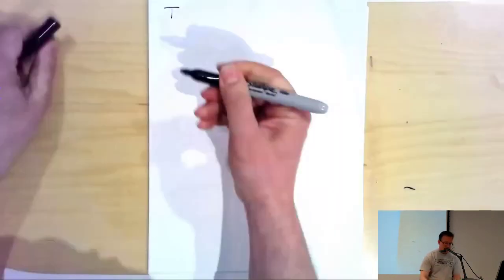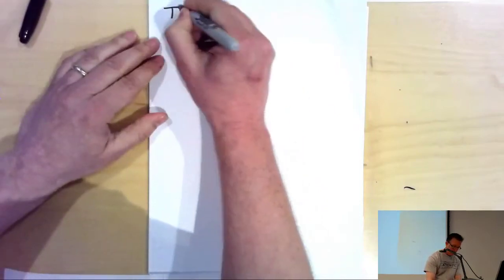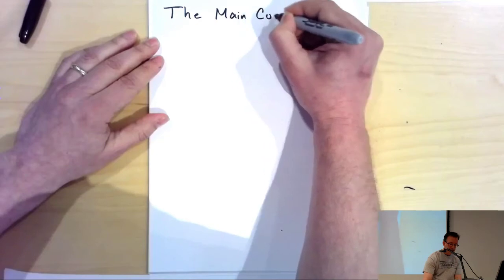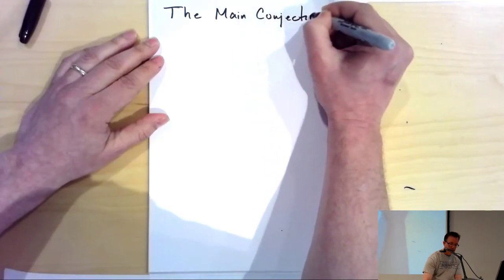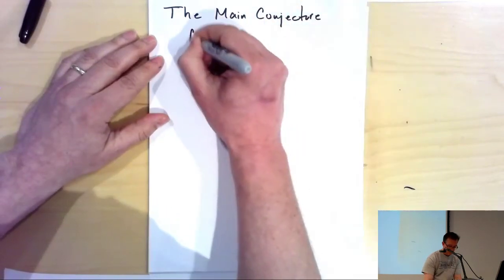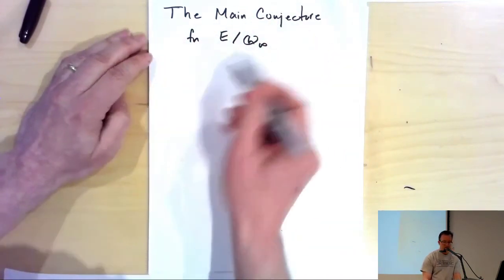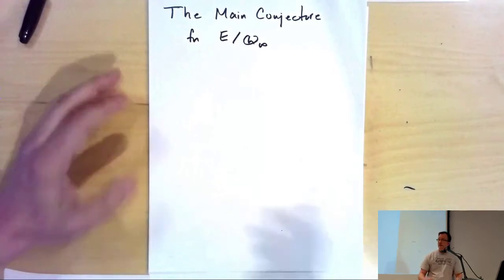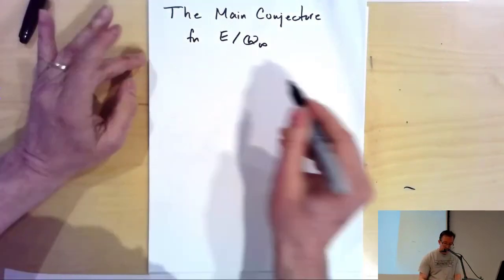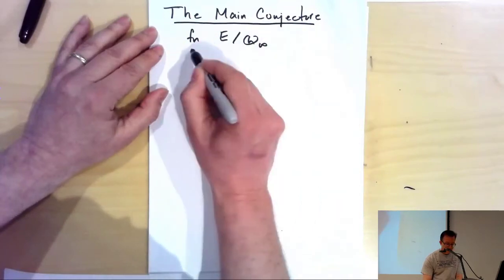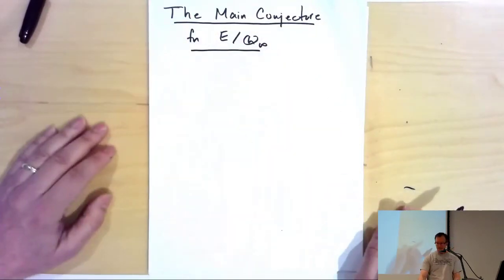But maybe it deserves a fresh pen. I'm emphasizing that it's E over Q_infinity, because in fact there's a whole zoo of main conjectures, and I hope to get to that. So here we have it, the main conjecture for E over Q_infinity.